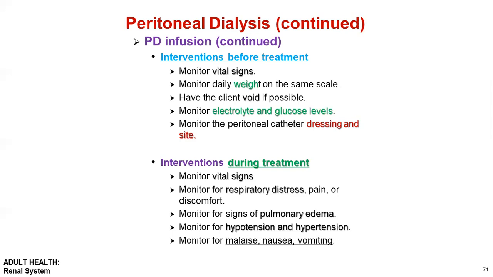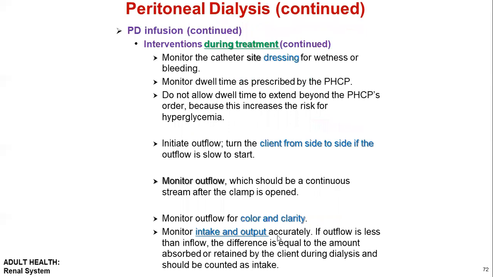During the peritoneal dialysis, what can we do? Intra-procedure, monitor vital signs, monitor for respiratory distress, pain, or discomfort, monitor for signs of pulmonary edema, hypotension or hypertension, malaise, nausea, and vomiting.